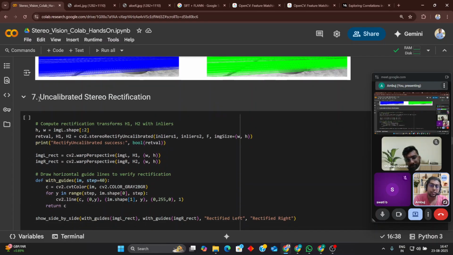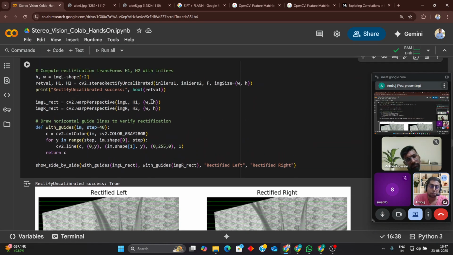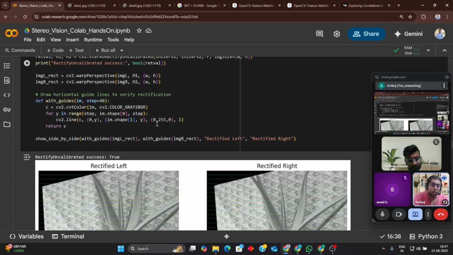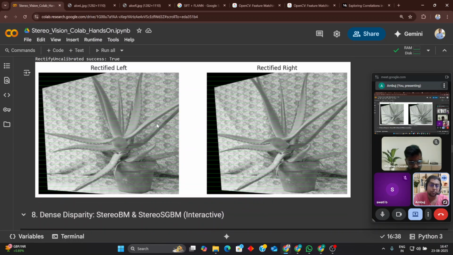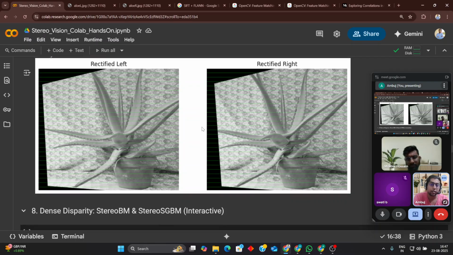Since the data set is uncalibrated, meaning camera calibration is not performed, directly from the inherent features of the image we try to draw some kind of rectification. We try to perform the horizontal and rectangular alignment: left rectification, right rectification.